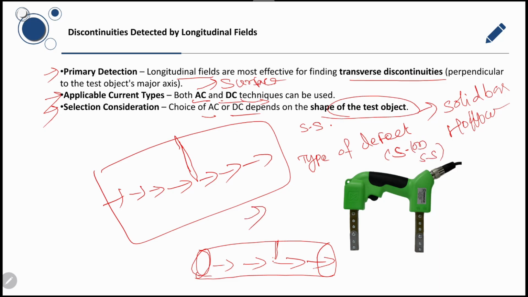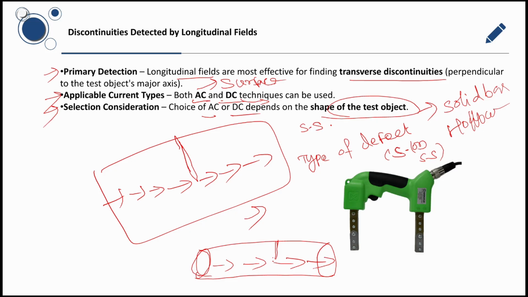Next one is inspection requirements, sensitivity or penetration. For example, for thin plate, AC is enough because in thin plate surface flaws are mostly detected. For thick components, DC is preferred to reach the deeper flaws.